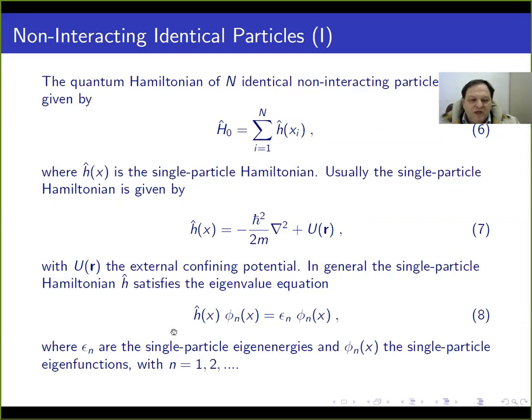So there will be, in general, epsilon n, that is the single particle eigenvalue or eigenenergy, and a phi n of x that is the corresponding single particle eigenfunction.